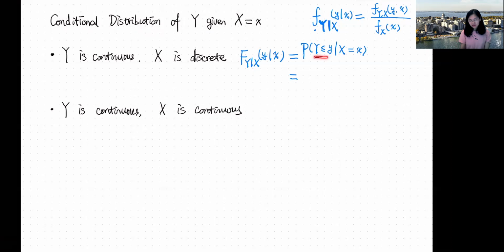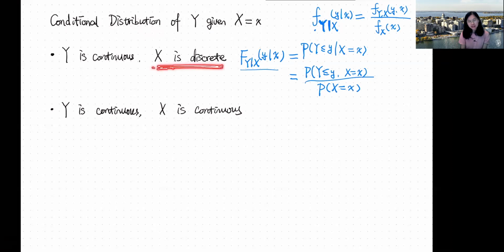This is the event A and this is the event B. So that's P(A given B), which by the conditional probability formula is the probability of A and B divided by the probability of B. So that's how you may define the conditional CDF of Y given X when X is discrete.